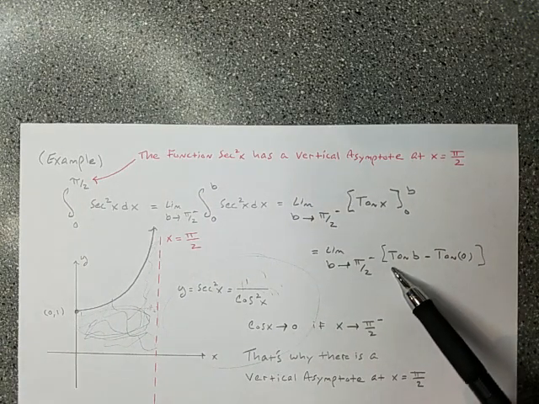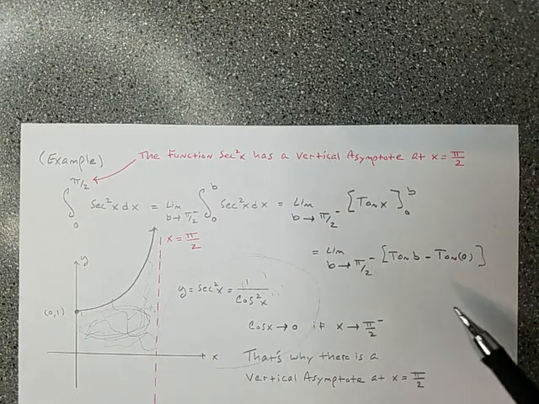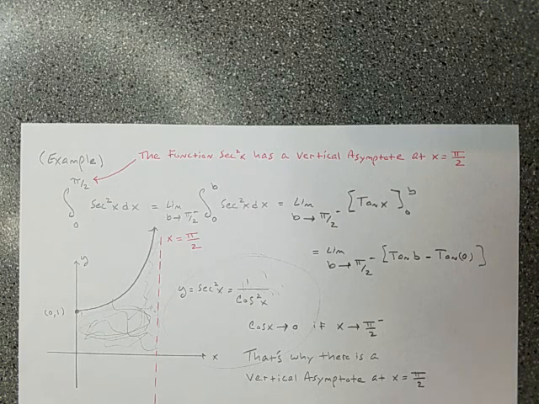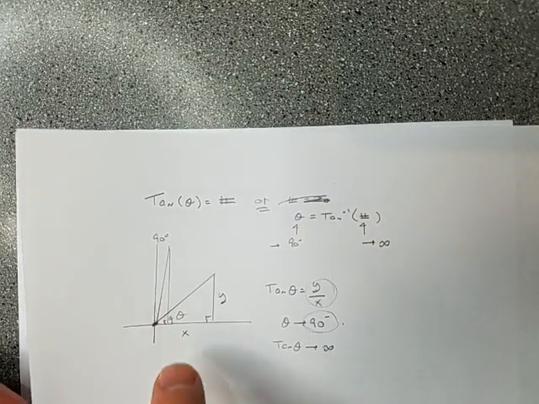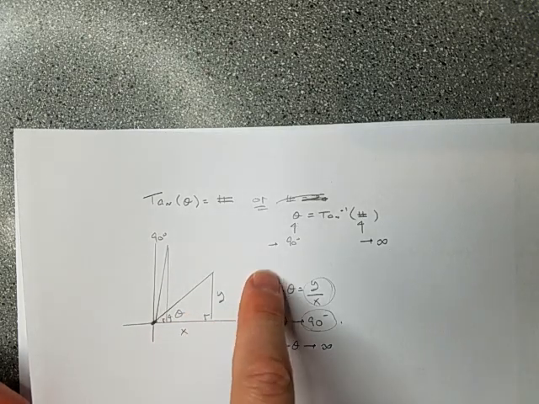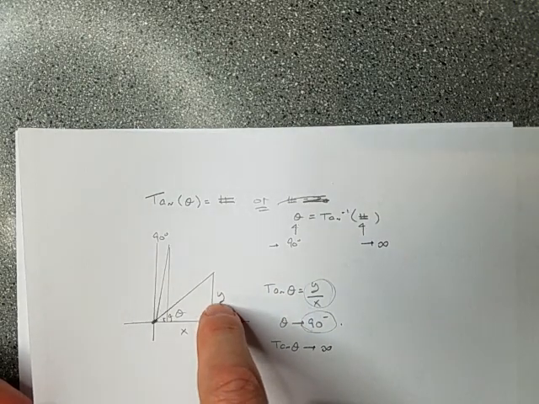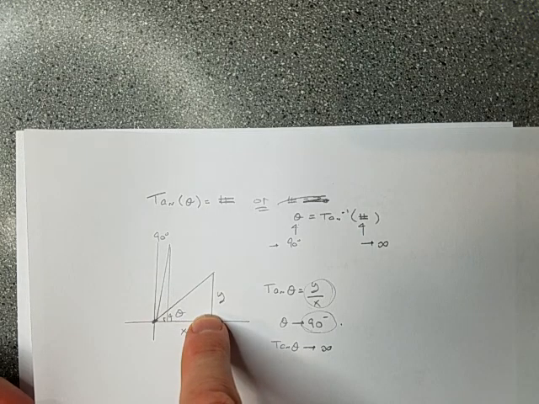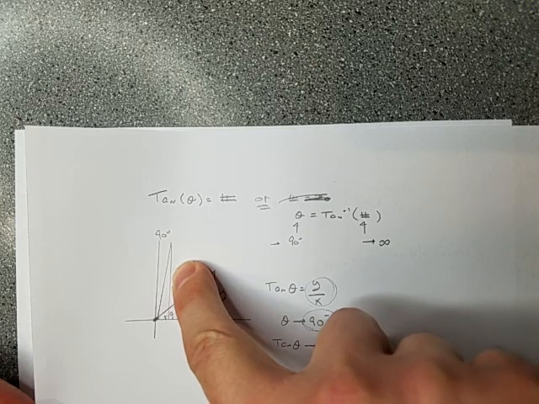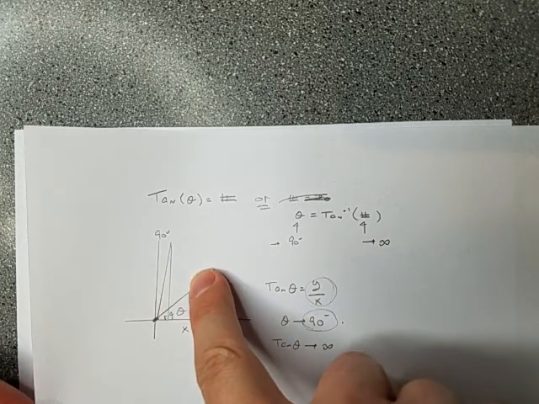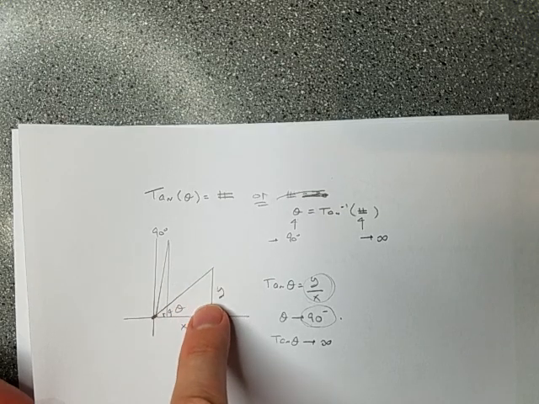What happens to tangent of b if b goes to pi over 2 from the left? Now, in one of the other videos I did, I tried to get you to have a sophisticated understanding about this: you take tangent of an angle and you get a number, and tangent of an angle, if you were to draw the angle this way, is going to be the y side over the x side. And I said, try to think about what happens if you could imagine I push this angle closer to 90 degrees, like I could physically push it, and this triangle is going to morph.